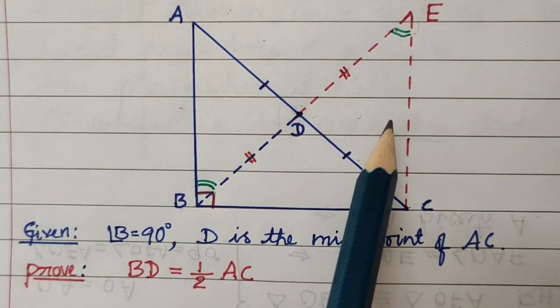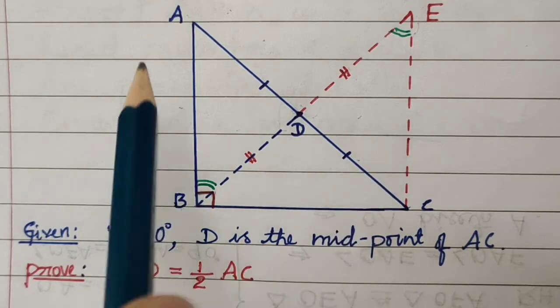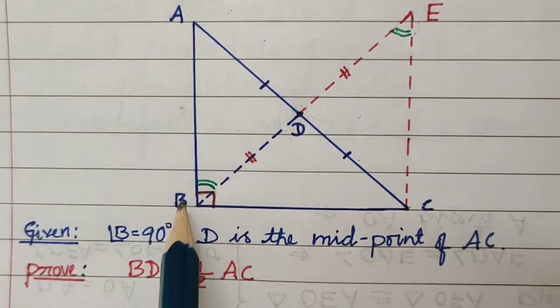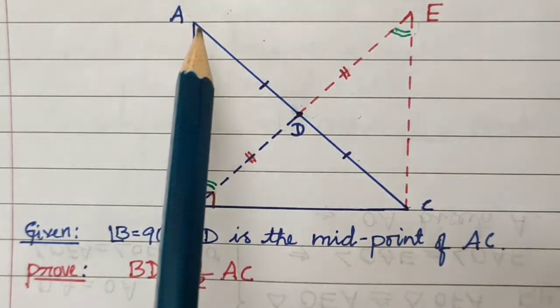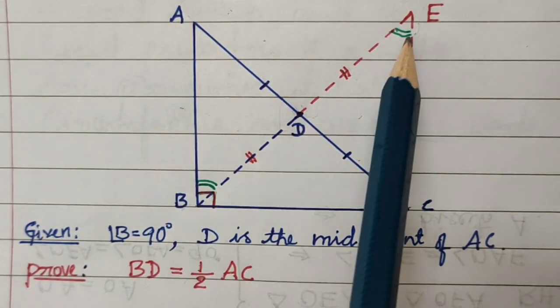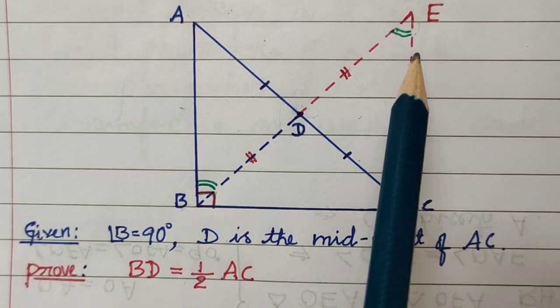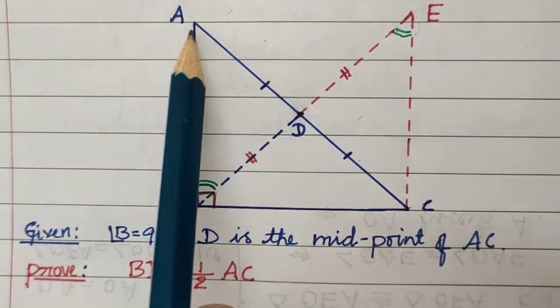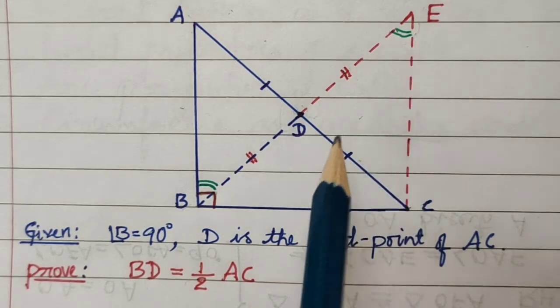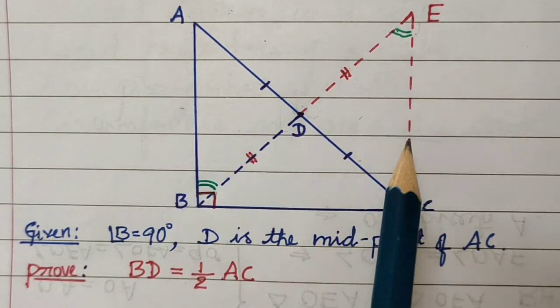Because these two triangles are congruent, AB is equal to CE and angle ABD is equal to this angle, corresponding parts of congruent triangles. And AB is equal to CE.